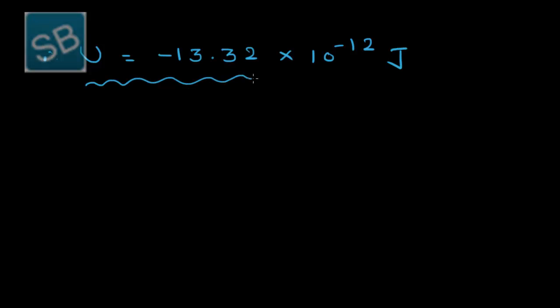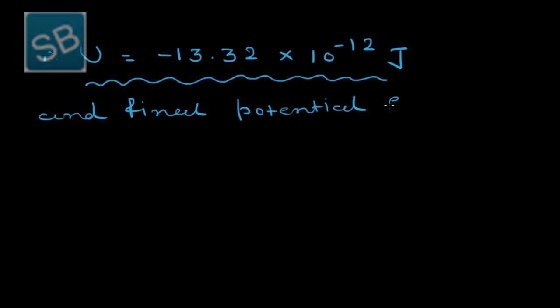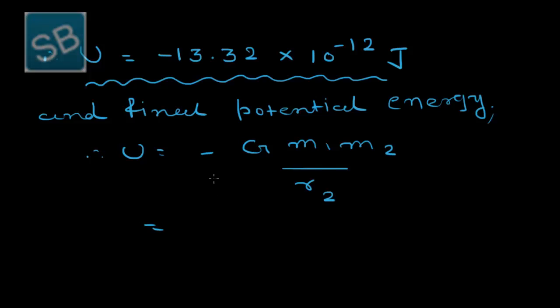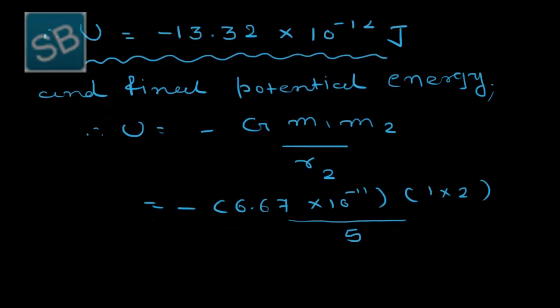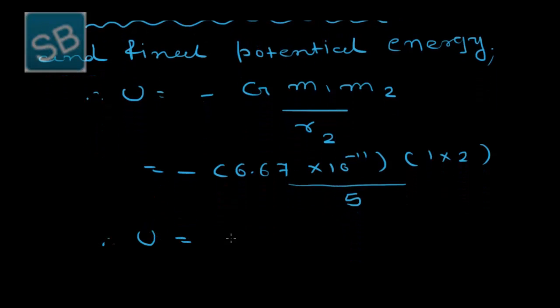So this is the initial potential energy, and the final potential energy U is equal to minus G M1 M2 divided by R2, which is equal to minus 6.67 into 10 to power minus 11, 1 into 2 divided by 5. So U is equal to minus 26.64 into 10 to power minus 12 joule.